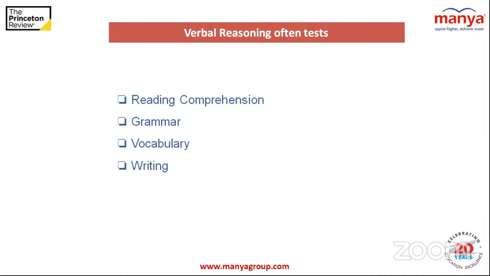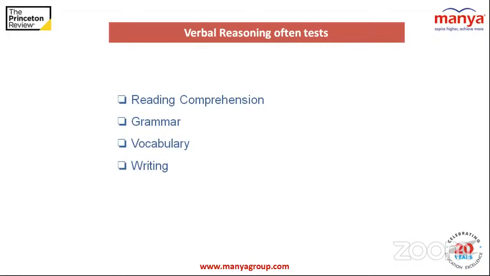So reading comprehension. Next, the grammar rules are often tested, which is seriously confusing most of the time for many of us, right? Or the punctuation rules, when you should put a comma, when you should put a colon, right? So the punctuation rules or the vocabulary. Oh my God, how many words you should learn, right? And how it's going to be helpful for you. Vocabulary and the writing skills, the essay sometimes.